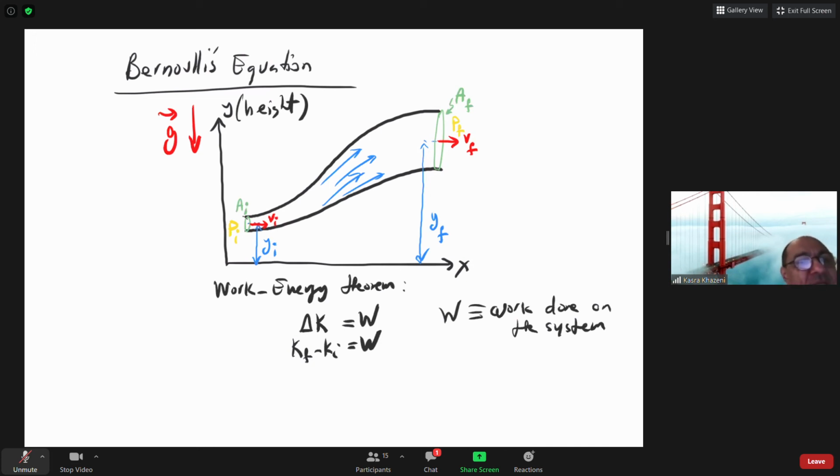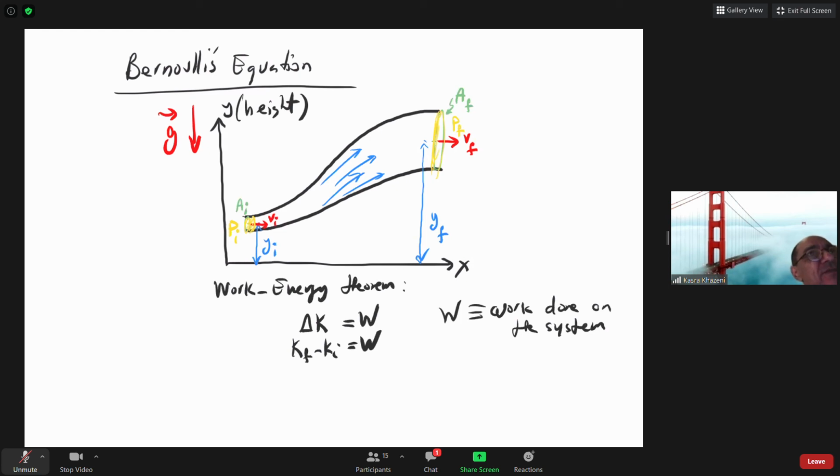Now, if you think about a little portion of this liquid, let's say there's this little portion of it, and that portion at the inlet becomes a little tinier portion at the outlet because the area is larger at the outlet, because their volumes are the same. But that little tiny portion at the inlet has some velocity that's moving to the right.